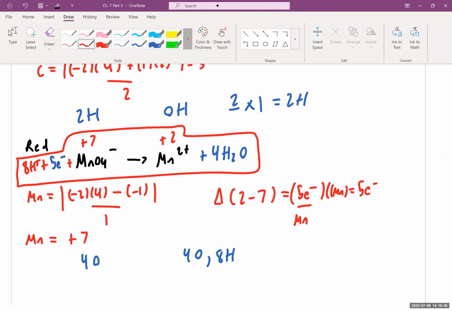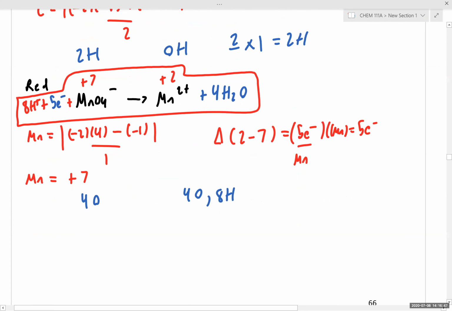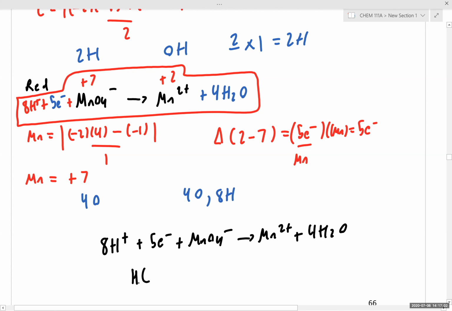So now the last step, finishing off this problem, we can do that together. So we write out both of our half reactions.